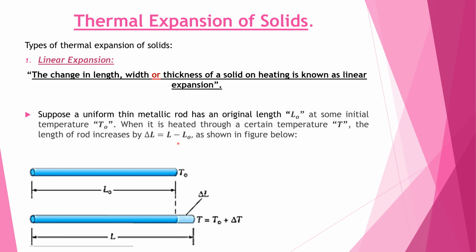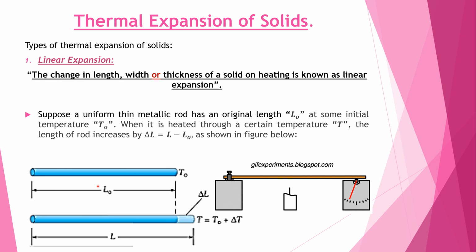Suppose this is the rod whose initial length is L0 at temperature T0, and when it is heated to temperature T, which is equal to T0 plus delta T, where delta T is the change in temperature, the length of the rod increases by delta L, which is equal to L minus L0.